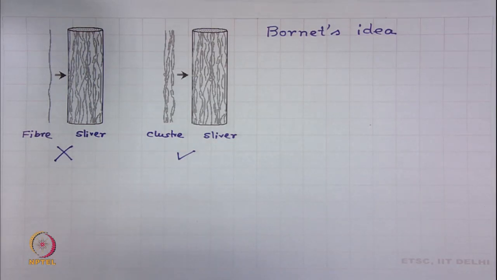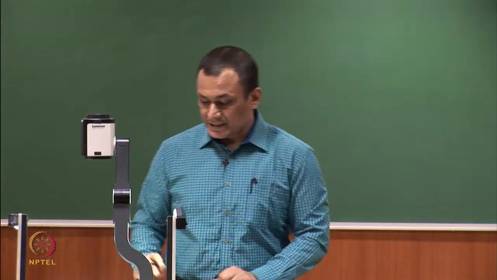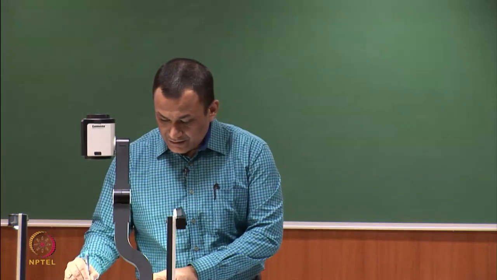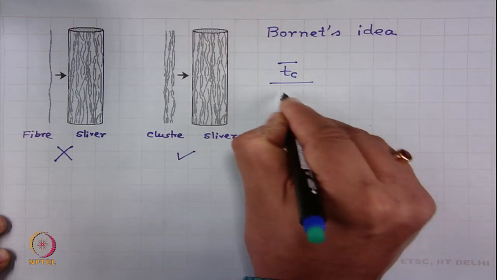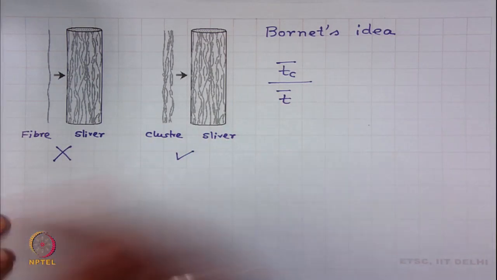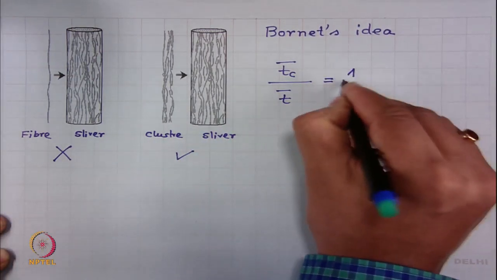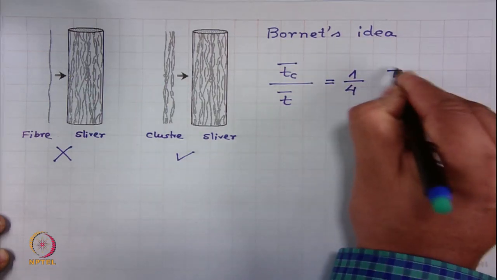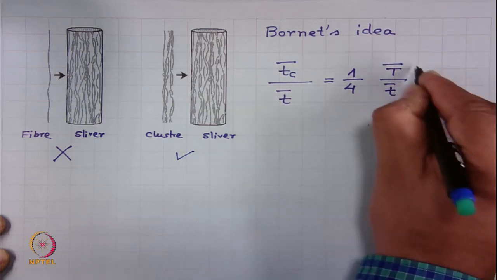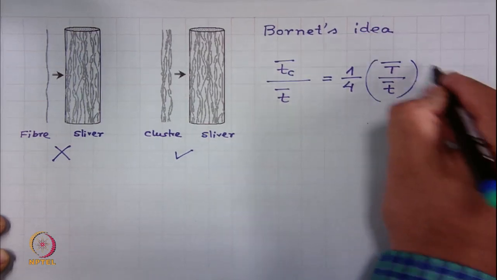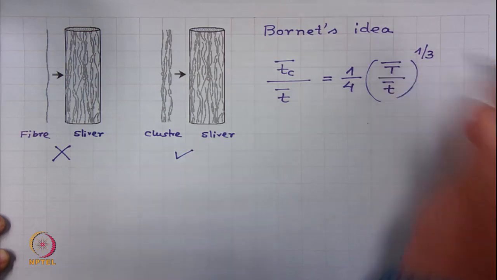Then he empirically suggested one relation. This is the mean fineness of cluster by mean fineness of fiber, equal to 1/4 of the mean fineness of sliver by fineness of fiber to the power 1/3.